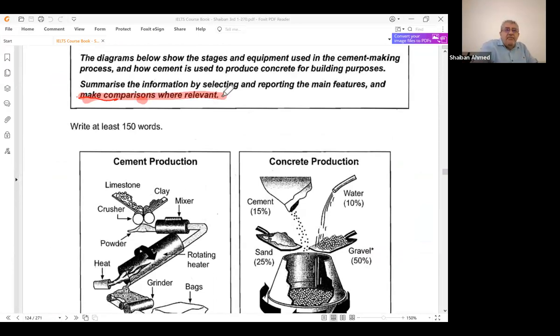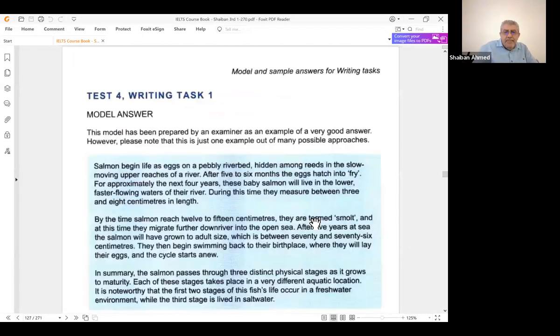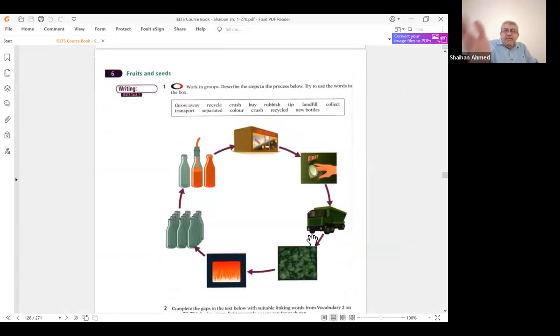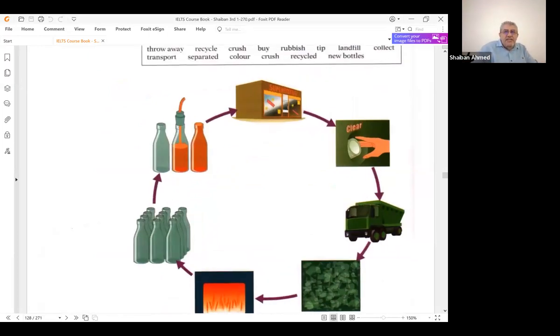Okay, the last thing before we go to task 2, this is your homework. If you look at this diagram, there is no language here. Of course, we don't have this in the real test. This is just a training thing. So this is the recycling of the glass. Step 1, if you look, it's a supermarket.